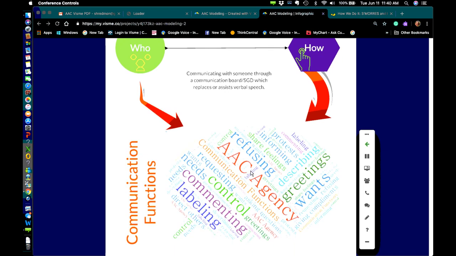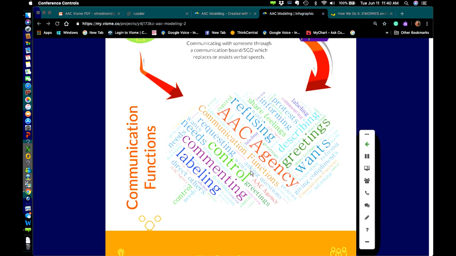So I do want to talk about this, Kelly talked about that AAC triangle and making sure we hit on the communication functions. I think when you are new to AAC and new to modeling, this is a huge piece.